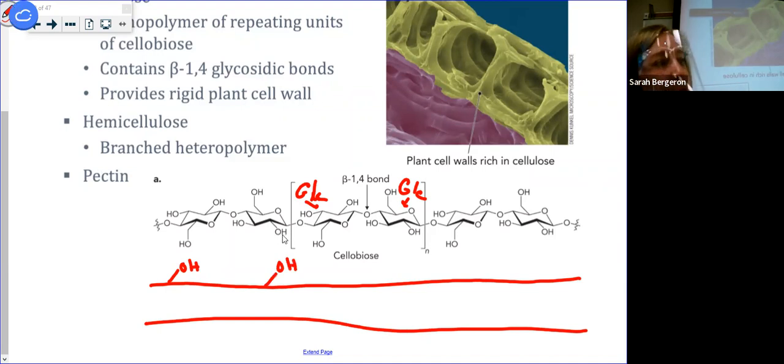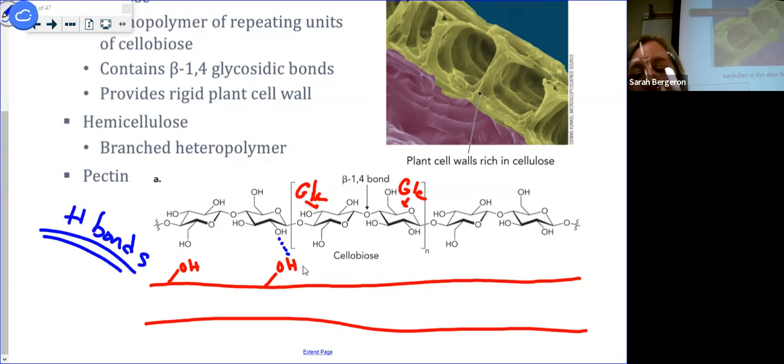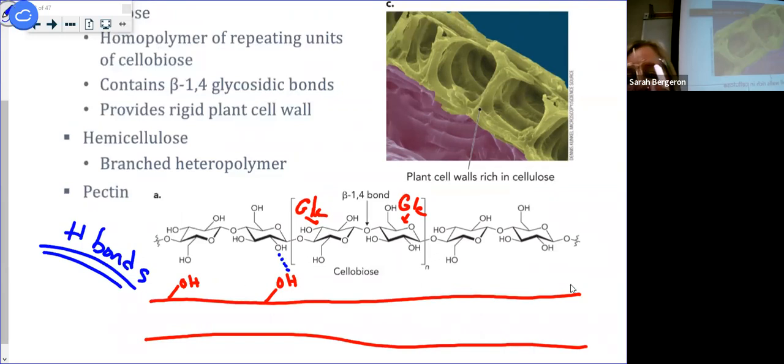Well, if you have hydroxyls, what's going to happen? What are you going to create? Not glycosidic, hydrogen bonds. It's the hydrogen bonds between the strands that add to that rigidity, right? So the glycosidic bond is really important, but also important are the hydrogen bonds that link it, right?